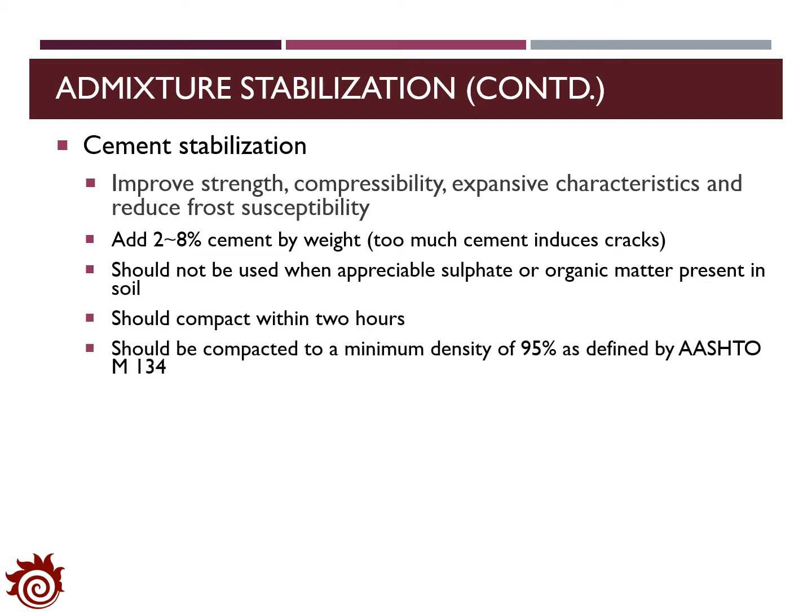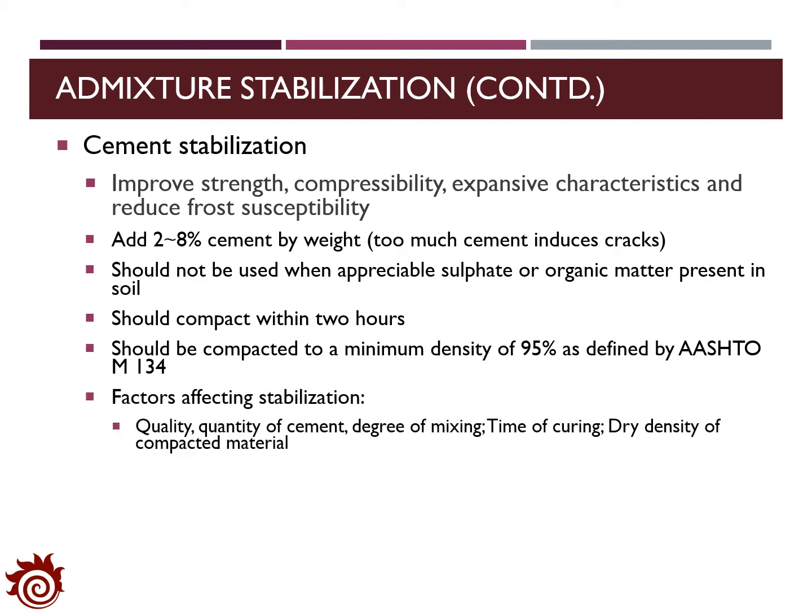Also, usually when the cement is mixed with the soil, they should be compacted within 2 hours to a minimum density of 95% or as defined by AASHTO M134. There are also a lot of factors affecting the performance of stabilization, such as the quality and quantity of cement, degree of mixture, time of curing, dry density of compacted materials, and so on.